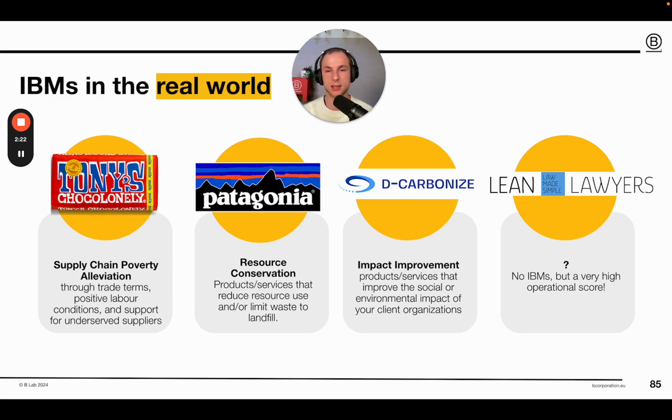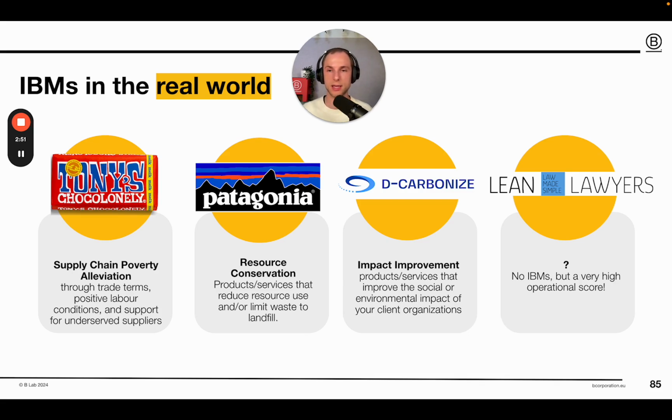And by this, they earn the points in the impact business model called impact improvement. So this is to recognize that companies like this help their clients to make a better ecological or social impact. So by the projects that Decarbonize runs with their clients, they actually have their biggest impact in their client base.